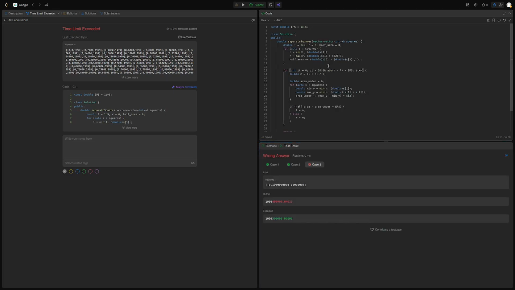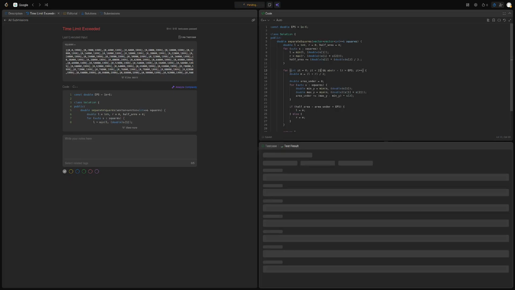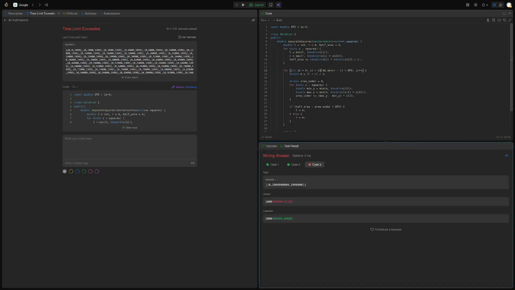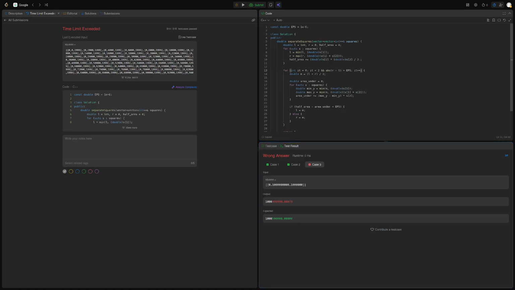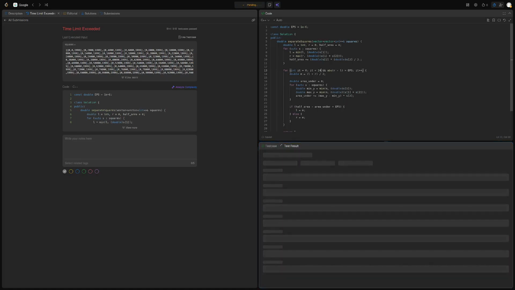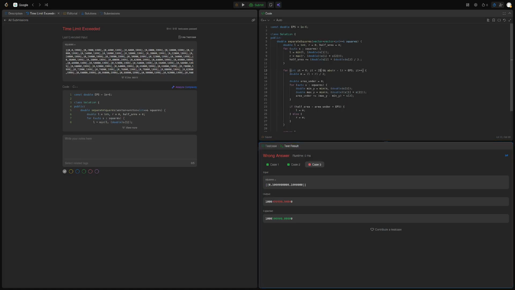Oh, that's not enough. So let's do 21 iterations. 22, 23, 24 should be enough. 25, really? 26? What the hell? That is ridiculous.